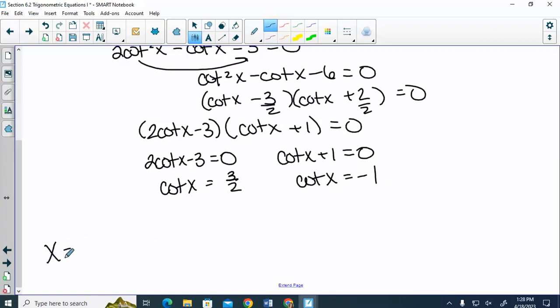All right. Do we know when cotangent is 3 over 2? Okay. If you don't like thinking about cotangent, that means tangent is 2/3.